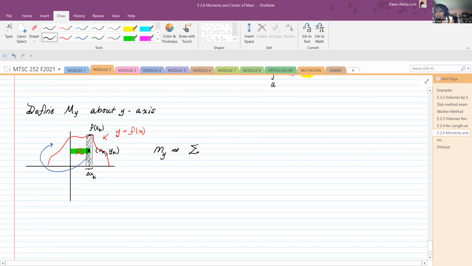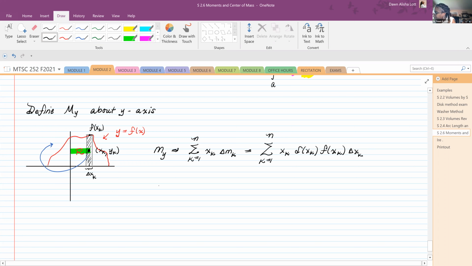is the sum k equals 1 to n of the distance it is, which is xk, times delta mk. But this is the sum k equals 1 to n of xk times delta at xk times f at xk delta x. All right.